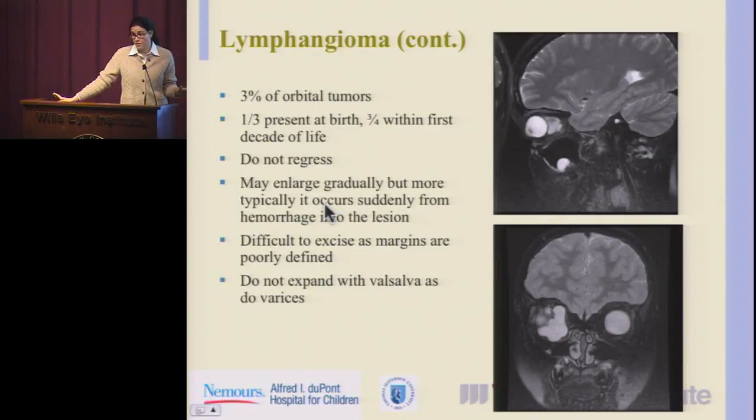They do not regress over time. And what typically happens is they can sometimes be small, insignificant, and these children will get some sort of cold, URI, something like that, and it really blows up and gets enlarged. And they get what are called chocolate cysts within the lesion. They're very difficult to excise as their margins are very poorly defined.